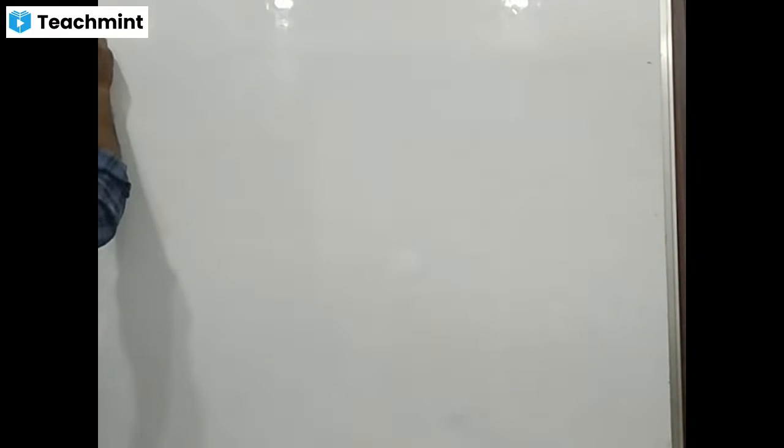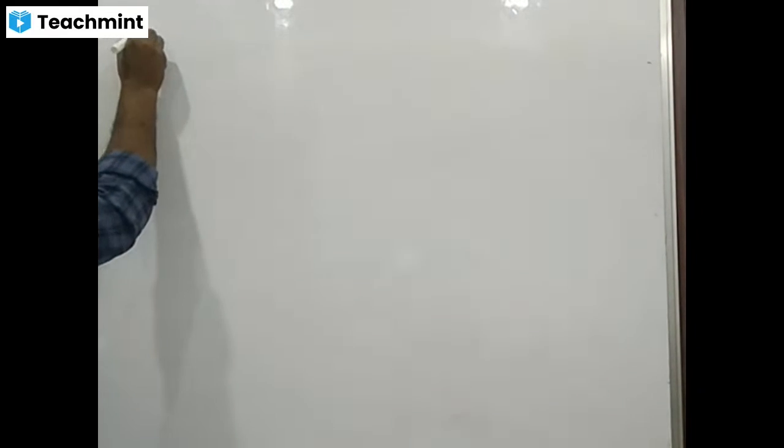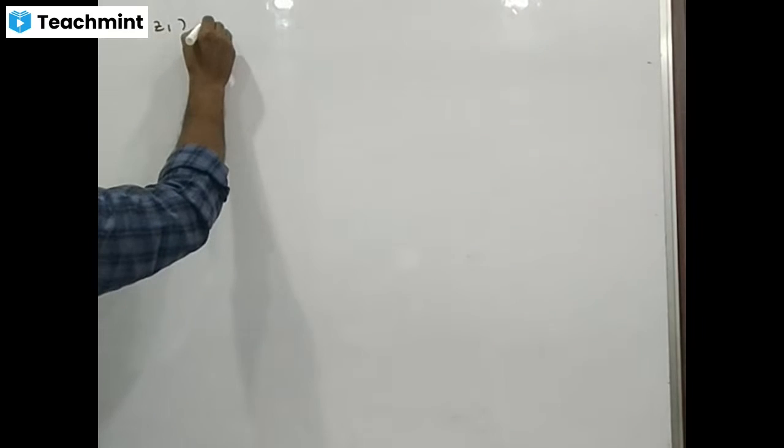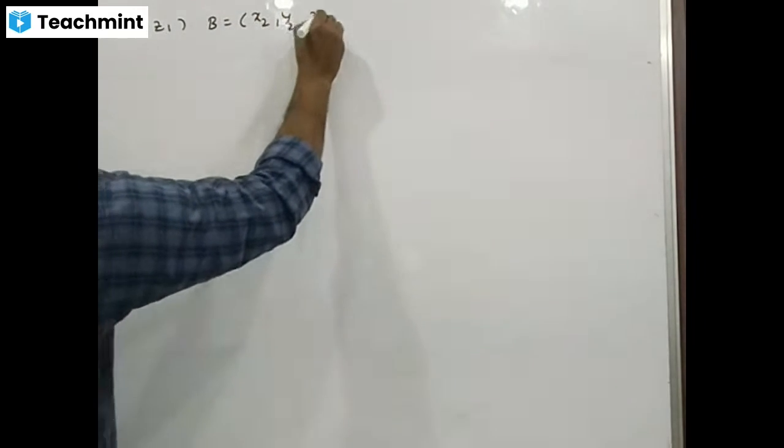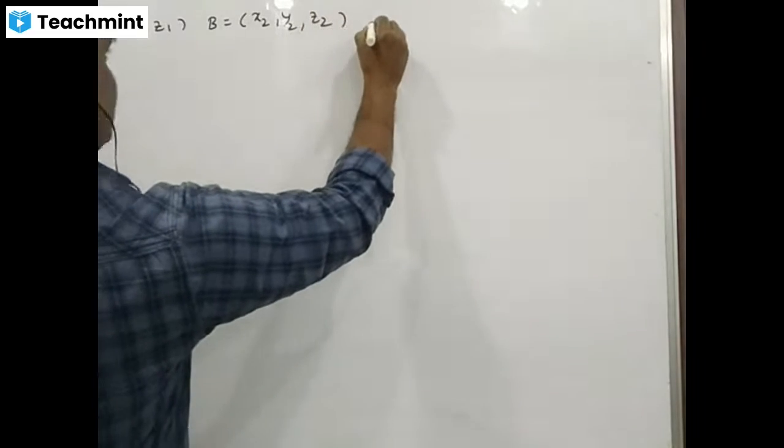A (x1, y1, z1), B is equal to (x2, y2, z2) are 2 points.